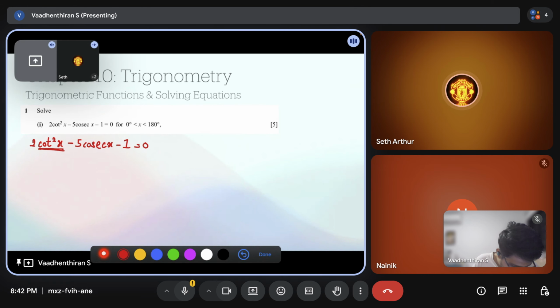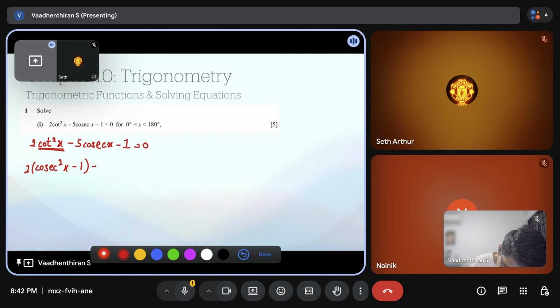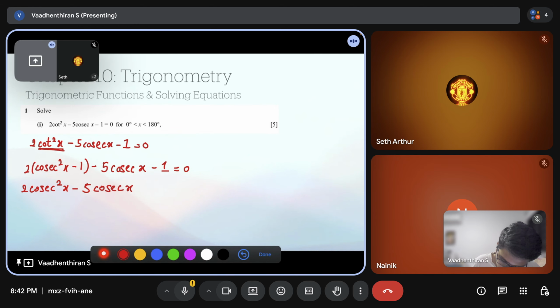So 2 times cosecant squared x minus 1, minus 5 cosecant x, minus 1 equals 0. This becomes 2 cosecant squared x minus 5 cosecant x, and then negative 2 and negative 1 gives negative 3, equals 0.